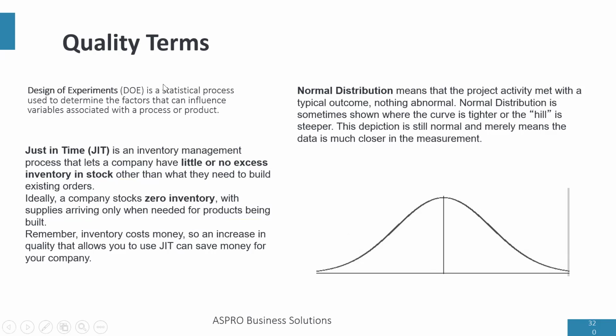Now, let me give an example. Let's say that you want to find out the height of men age 25 in a particular country. So let's say Benin Republic or Nigeria or the US.